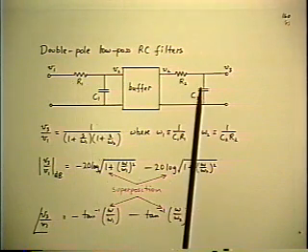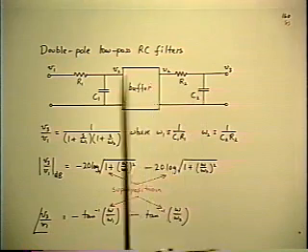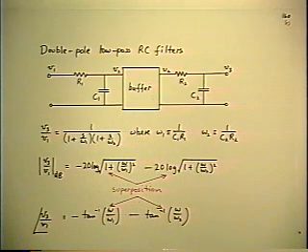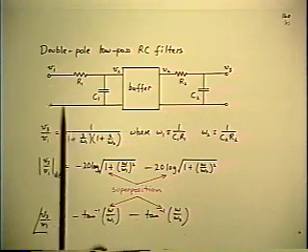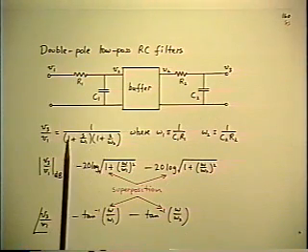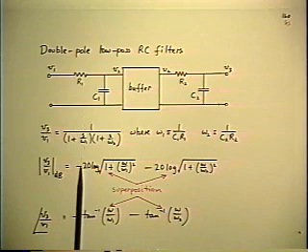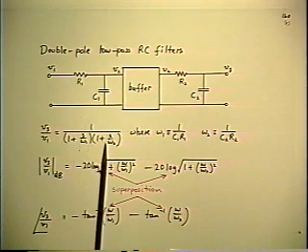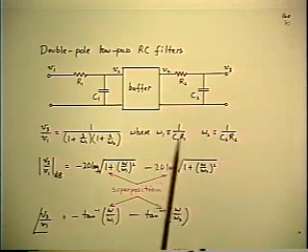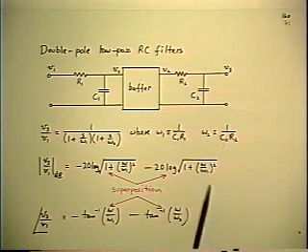Here we've got two simple low-pass RC networks. I put a buffer in between them just for simplicity to avoid any interaction. But the overall transfer function, of course, is simply the product of the transfer functions from each one separately. Each one of them is a single pole with two different values of corner frequency.